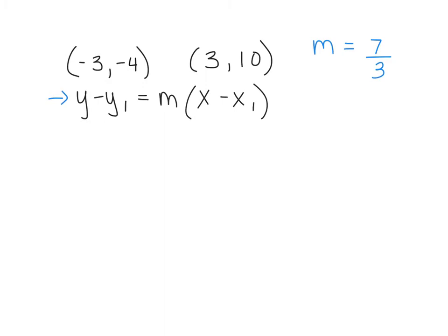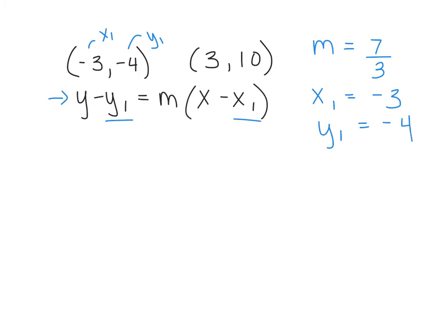Now I need to identify the values for y1 and x1. And again, x1 is the first value in the first ordered pair, and y1 is the second value in the first ordered pair. So x1 is negative 3, and y1 is negative 4.